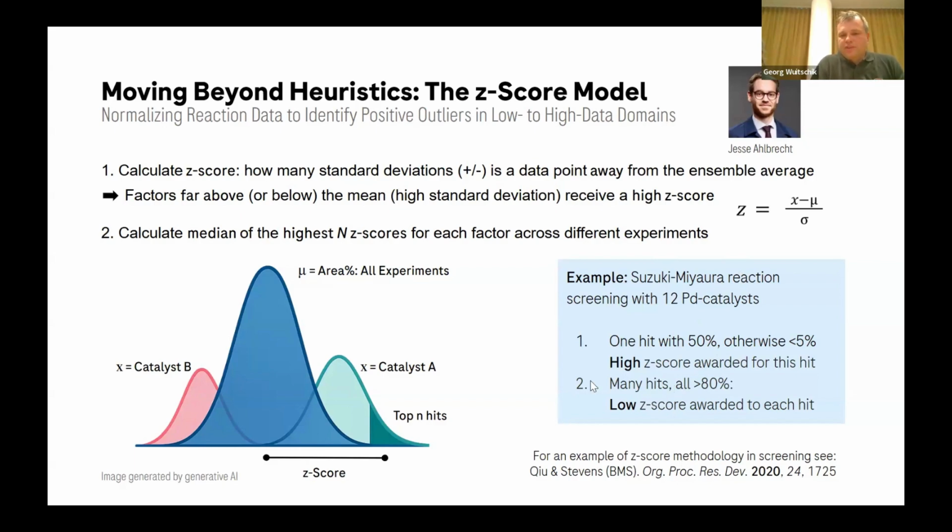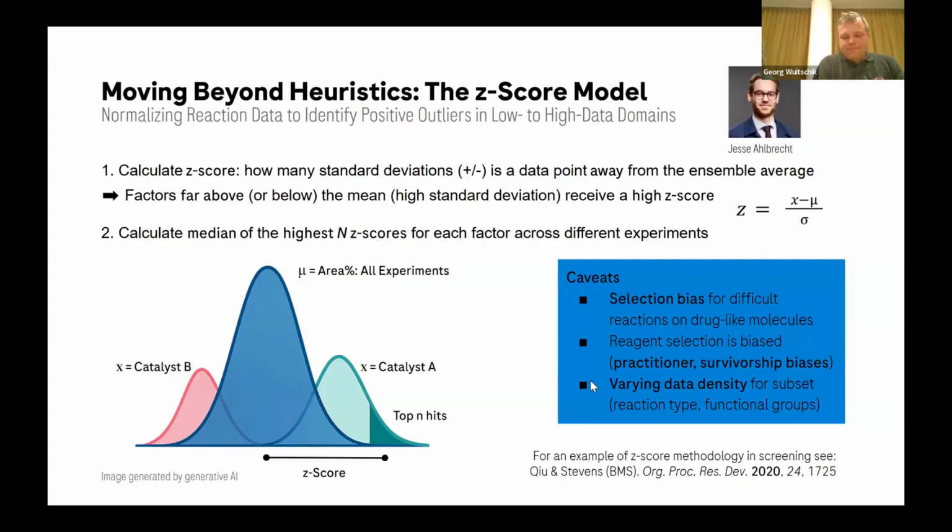This is also something that you need to keep in mind, because there are some caveats to take into account. One is selection bias. Almost all of our molecules come from customers that failed to run the reaction using standard conditions, so it's only a subset of the whole chemical space. Typically, the molecules are quite complicated, and we have no control over the molecules that people come to us with.